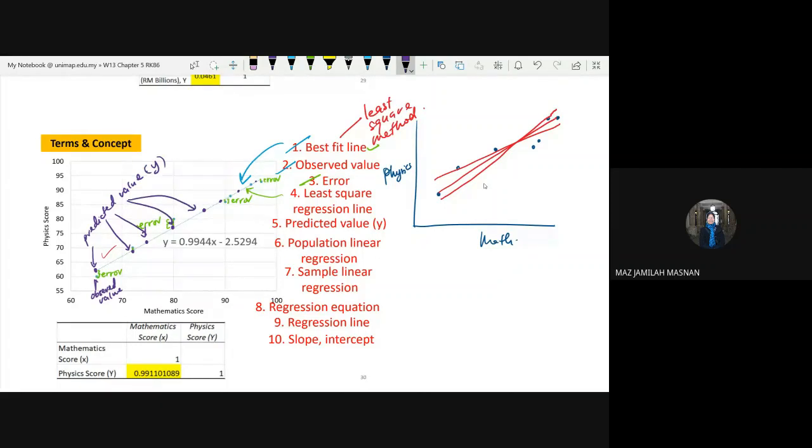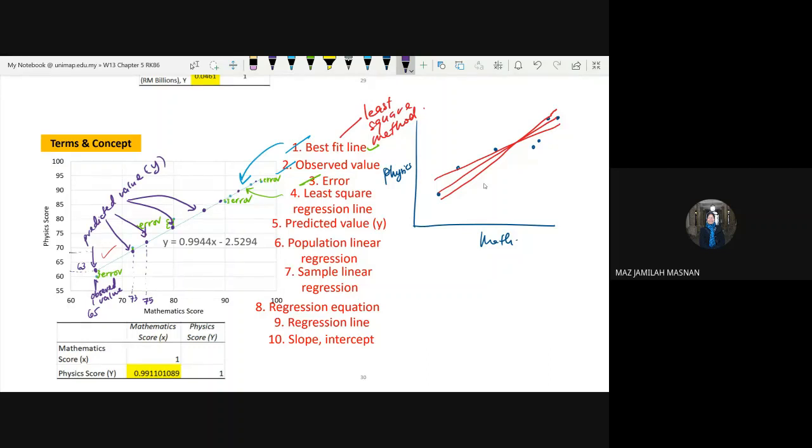What x? Here x is 65. Here our x is, let's say, 73. Here our x is, let's say, 75. What is my predicted value? That will be my y. What is my y here? It is 63. What is my y here?